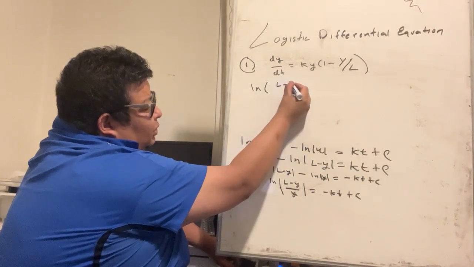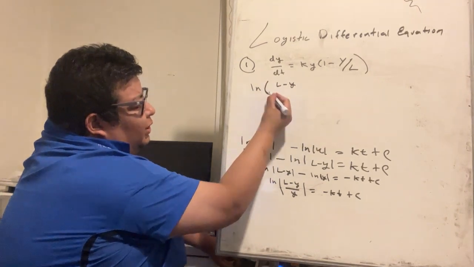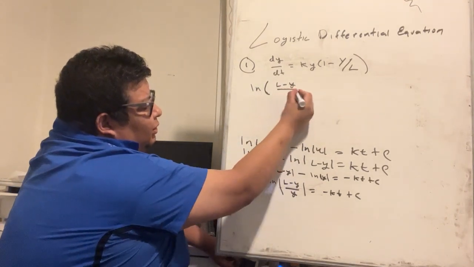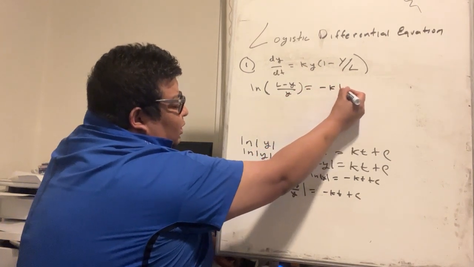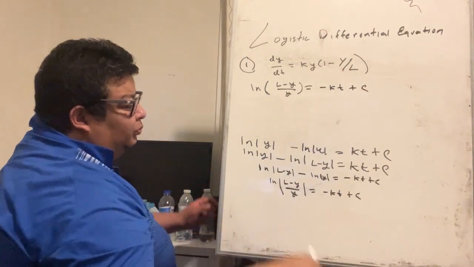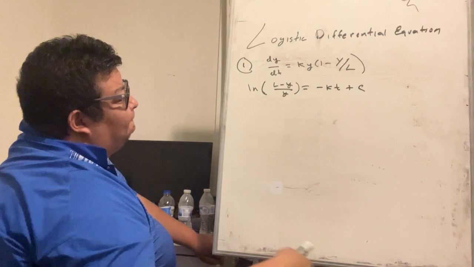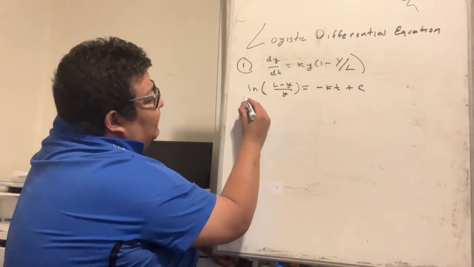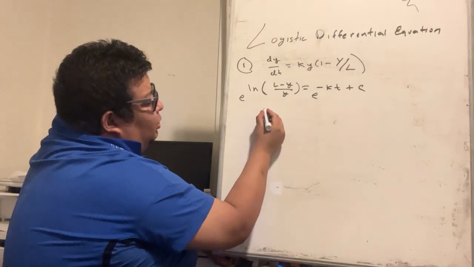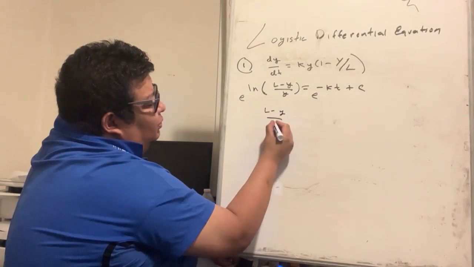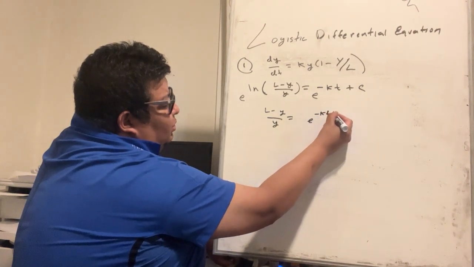Remember the L is bigger than y, so we can get rid of this absolute value, so it will be ln of L minus y over y equal to minus kt plus c. Okay, so now we take e on both sides, and then we have L minus y over y equal to e to the minus kt plus c.